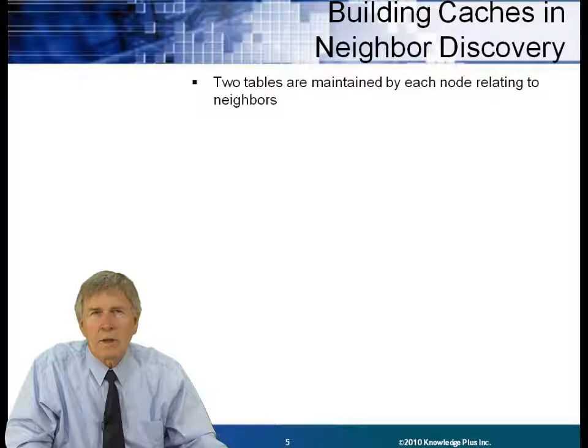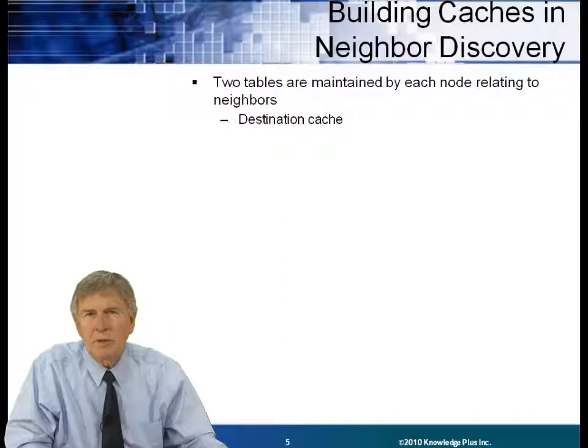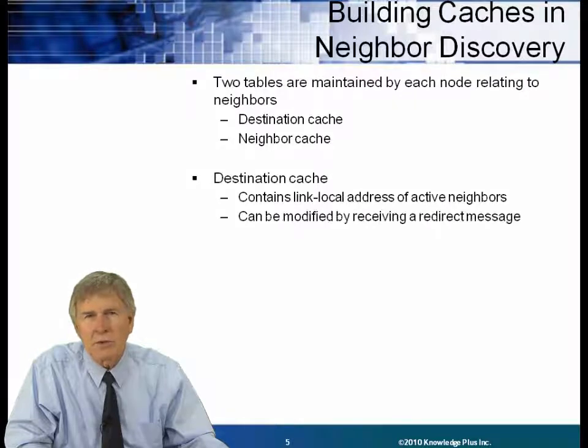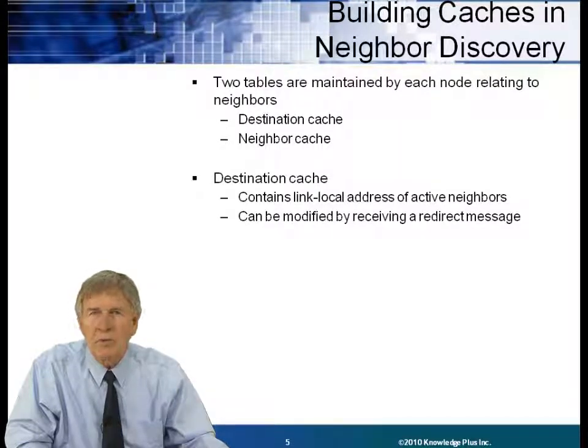In the cache field, we have two tables that are maintained by each node relating to the neighbors: the destination cache and a neighbor cache. The destination cache contains information on the link local addresses of all the active neighbors. This can be modified by receiving a redirect message, and this is what we saw in the previous example of trying to communicate to the remote network.